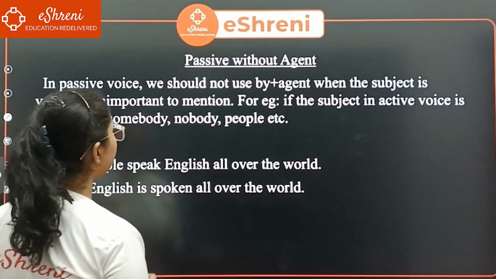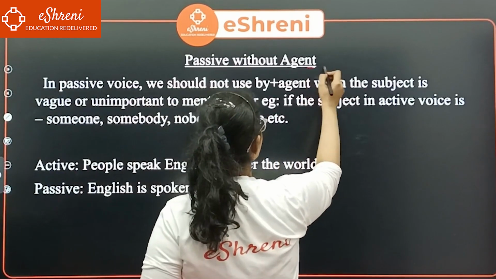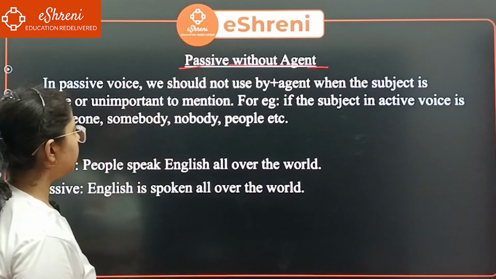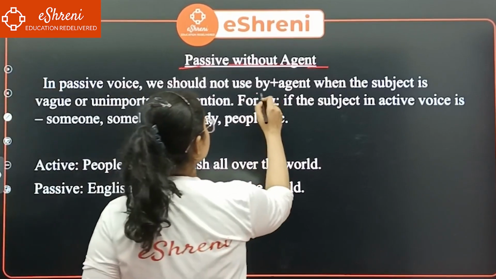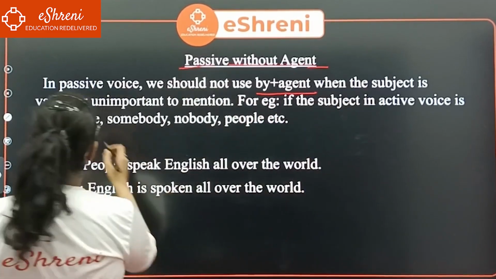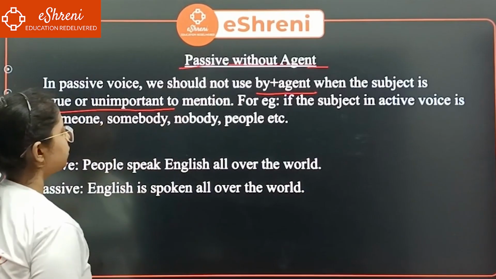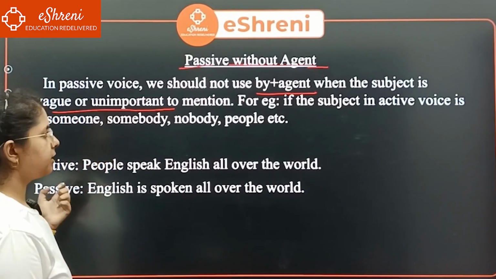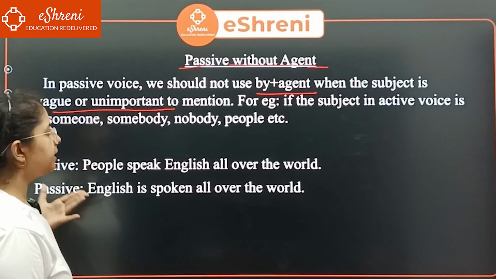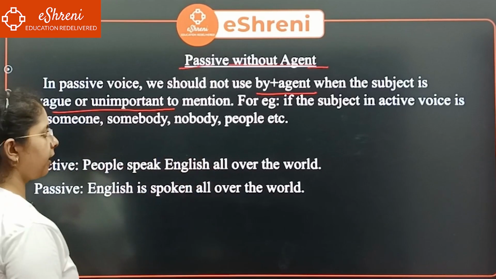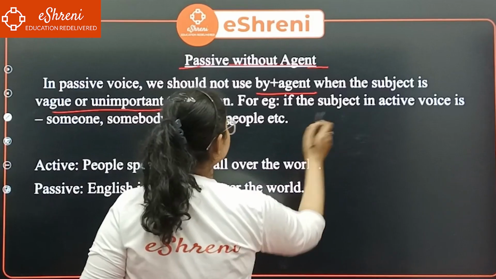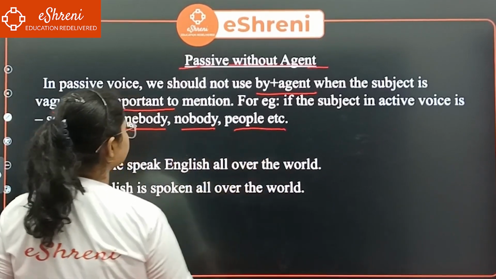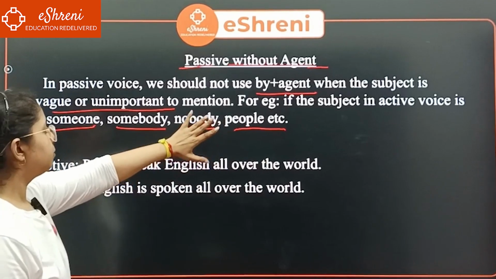Next, passive without agent. So how can we do passive voice without an agent? In passive voice, we should not use by plus agent when the subject is vague or unimportant to mention. So when the subject is not important, or when we cannot identify the subject, then we do not need to use the by agent. For example, if the subject in active voice is someone, somebody, nobody, people, etc., then no need to use the by agent part.